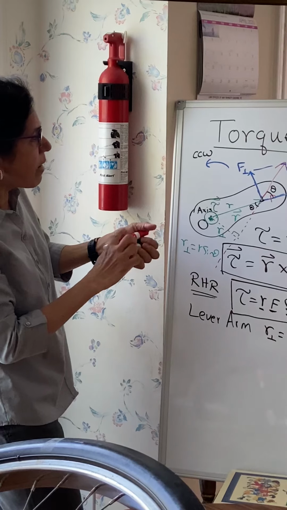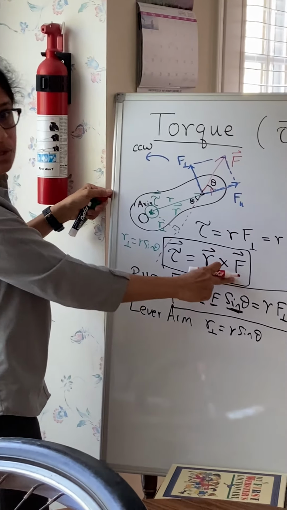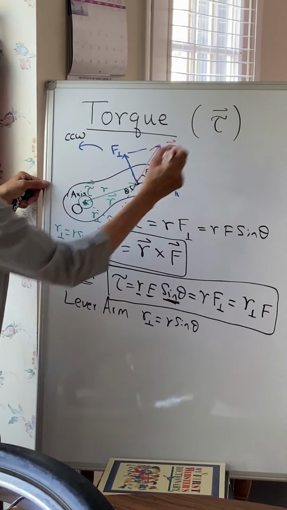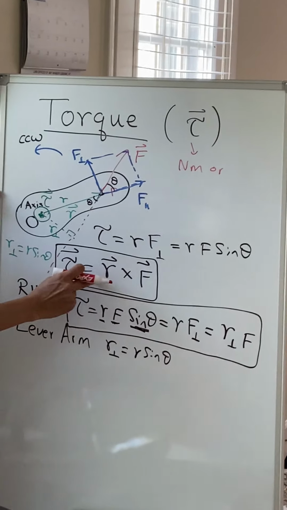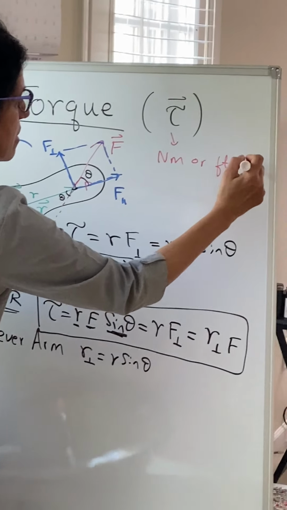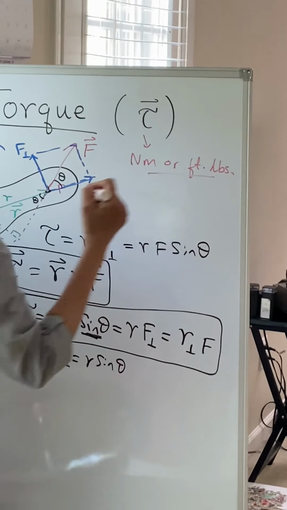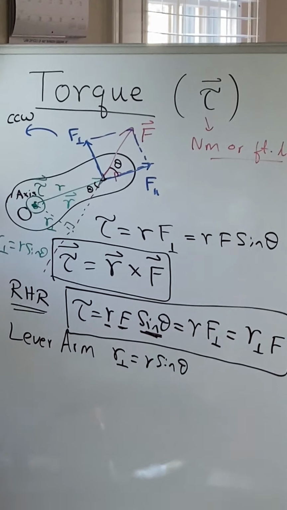And just a quick thing about the units. This is meter times newtons, or newton meters. So torque is measured in newton meters, or if this is in feet and this is in pounds, that's foot pounds. So these are the common units that are used. We'll do the rest of the things about torque in class.